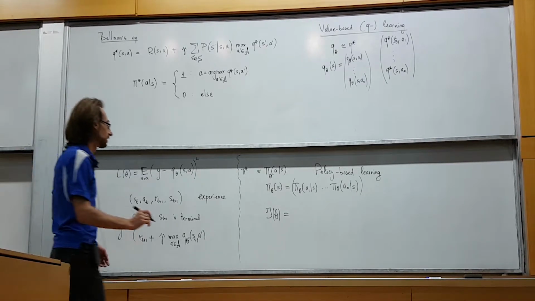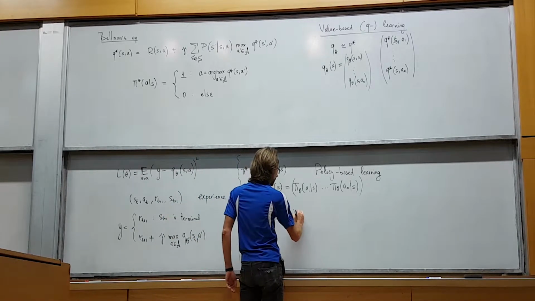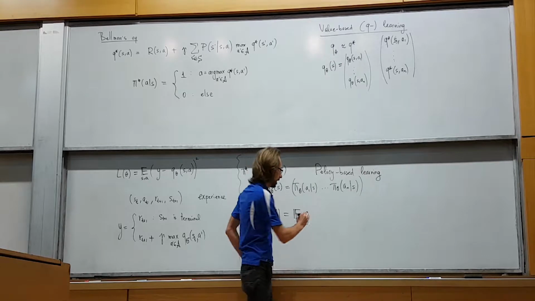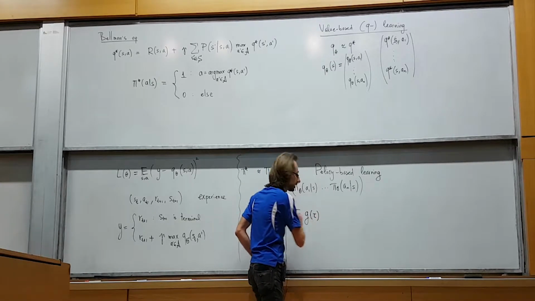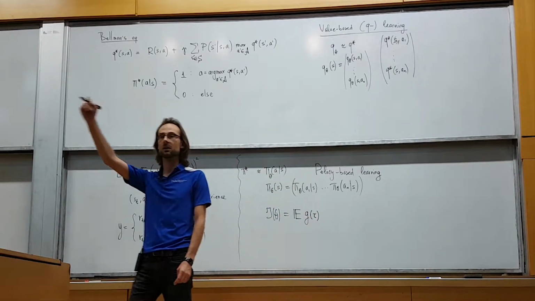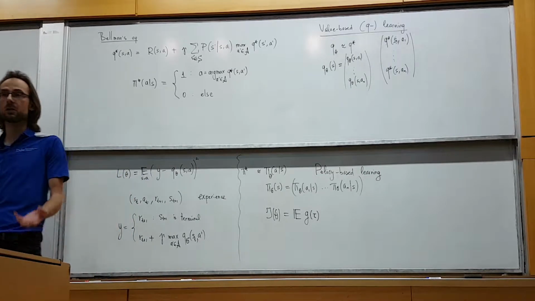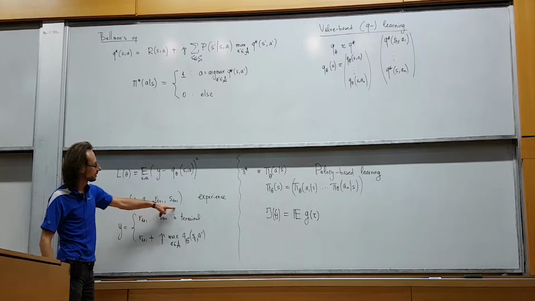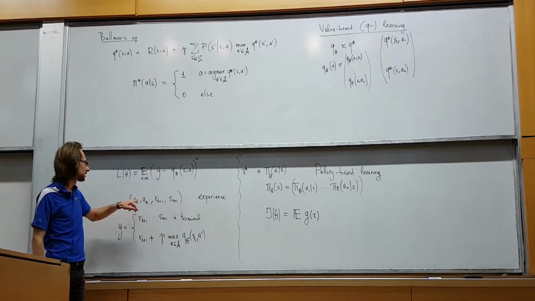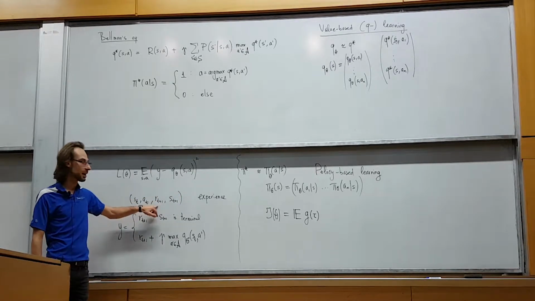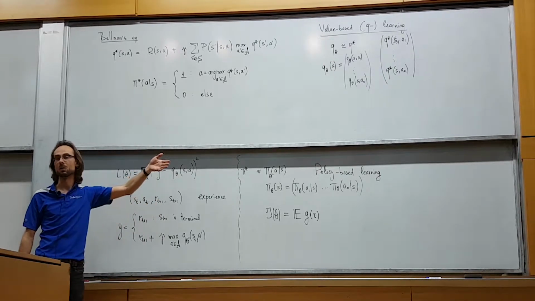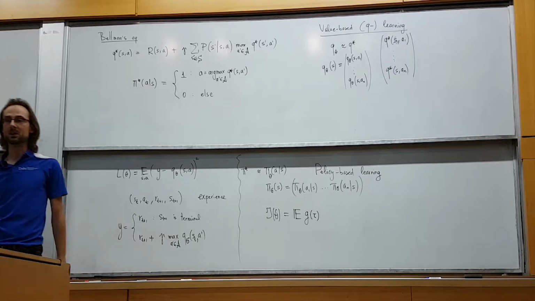Let me write it as the expectation over G. We call this total return G. I will write it G of tau. Tau is a trajectory that my policy produces. Trajectories are just sequences of this type: S, A, R, and then again next state, next action, next reward, until I reach a terminal state.